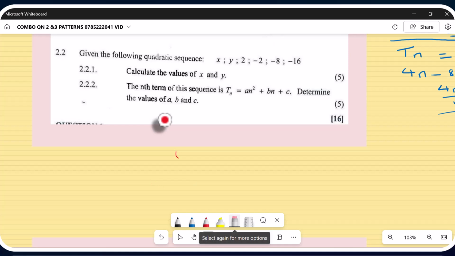If I say 2 minus 4, that's negative 2. So negative 2 minus (4 minus x) should still give negative 2 because it's quadratic.